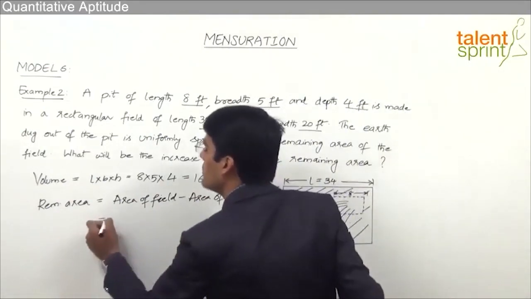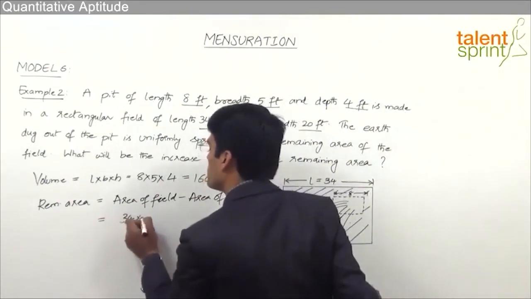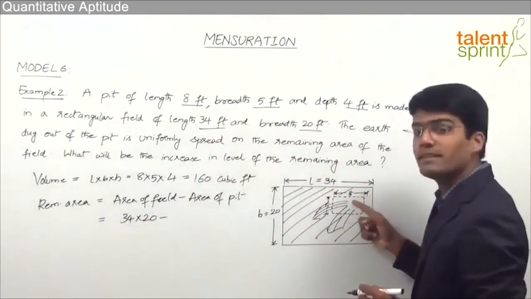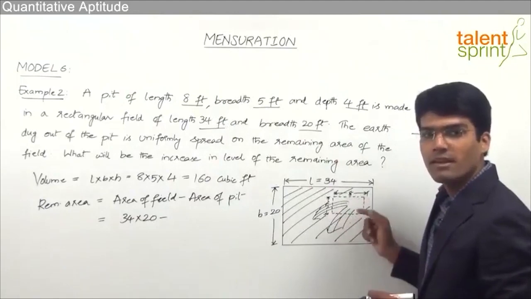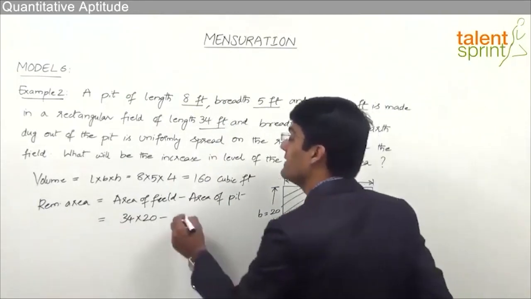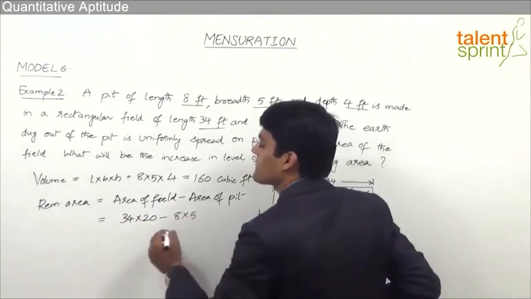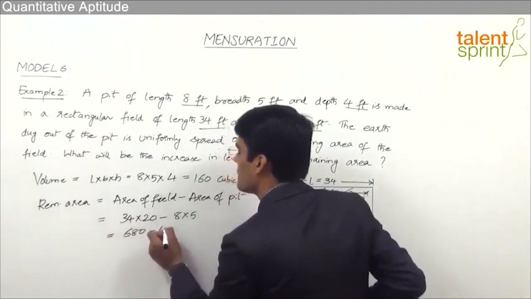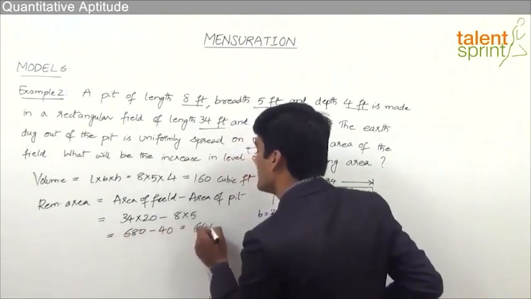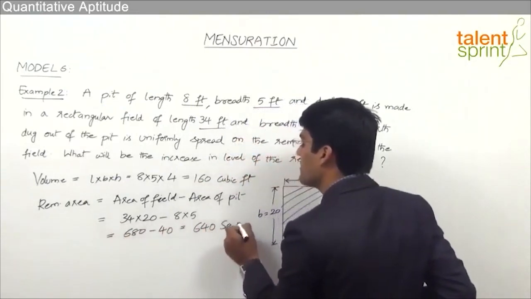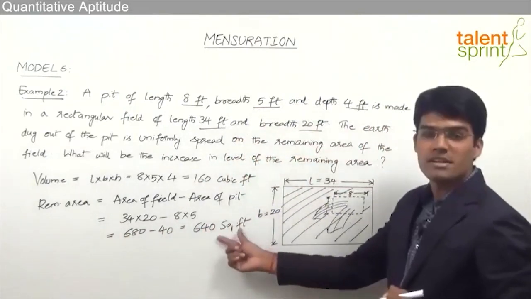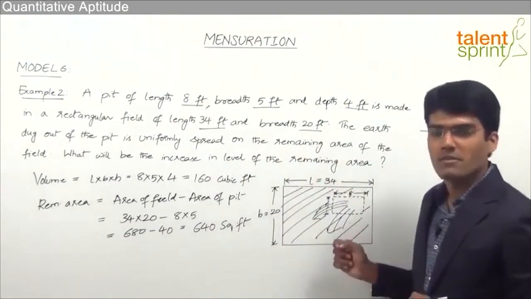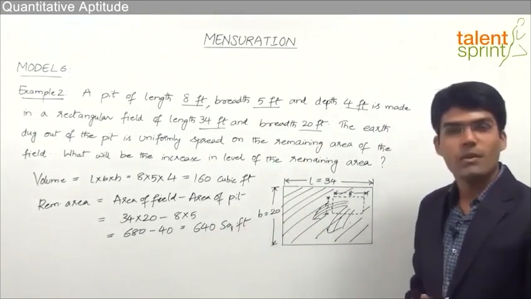So this will be equal to length into breadth, that is 34 into 20 minus area of the pit. Again the area of the pit here is length into breadth. Why? Because this is also in the form of a rectangle. So 8 into 5. Length is 8 and the breadth is 5. So 34 into 20 is 680 minus 8 into 5 is 40. This comes out to be 640 square feet. Remember, this is area. Area is always measured in terms of square units. So because the lengths and breadths here are given in terms of feet, area will be 640 square feet.